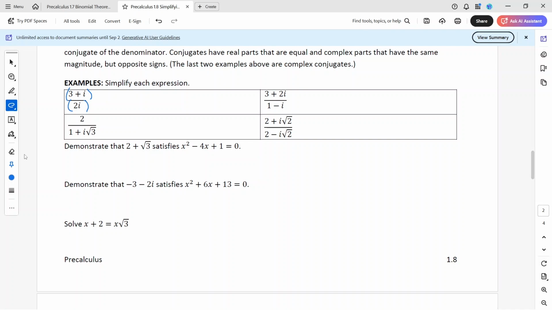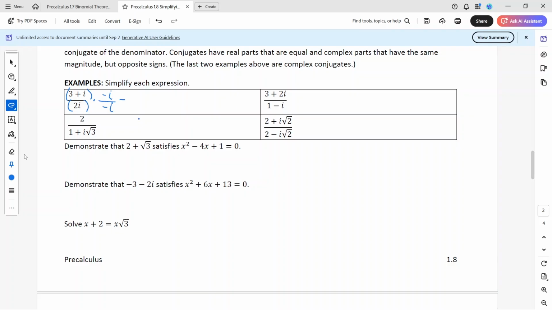Integers can be negatives, but whole numbers are 0 and positives. And we're never going to have 0 as a denominator. So if I multiply by i over i, I would get 2i squared, but then the i squared is a negative 1. And I'm not allowed to have negatives in the denominator. So I'm going to multiply by negative i over negative i.